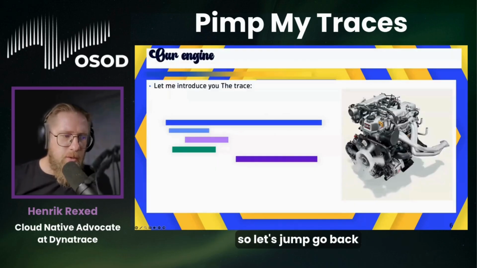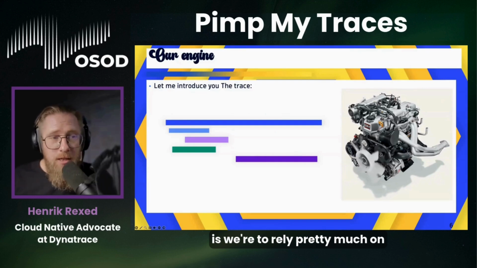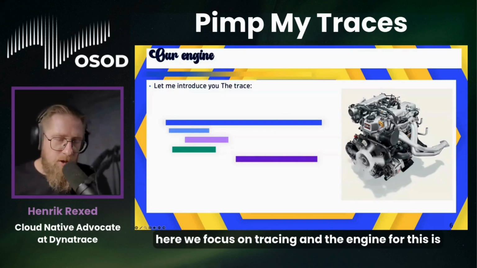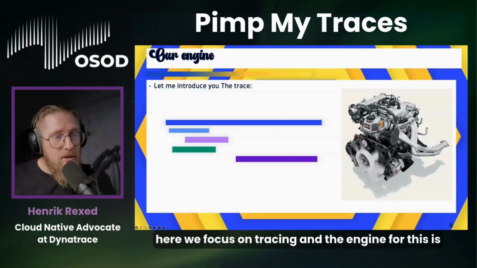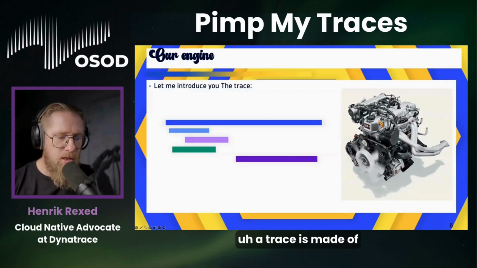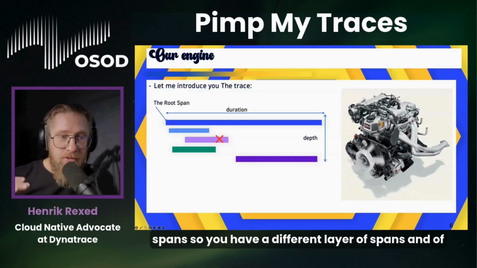All right, so let's go back to our engine. Yes, our engine, we're going to rely pretty much on tracing. You have metrics and logs, but here we focus on tracing. And the engine for this is tracing. As you know, no surprise, with distributed tracing, a trace is made of spans. So you have different layers of spans.